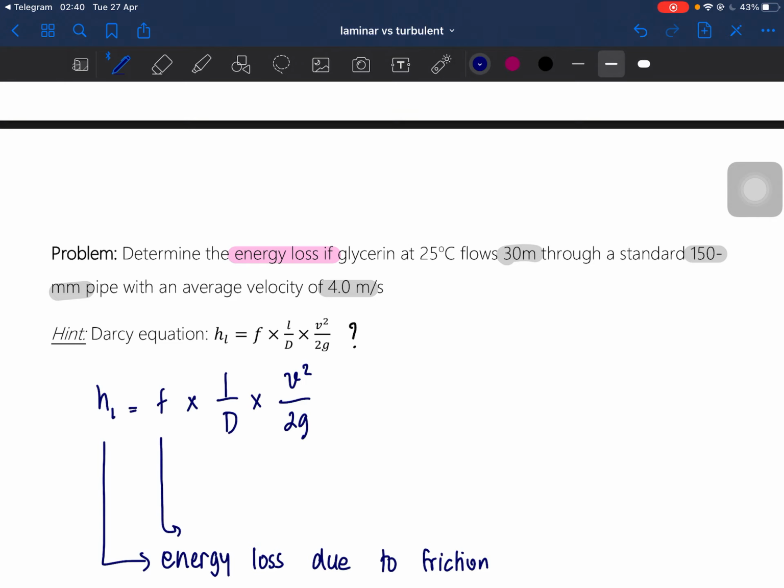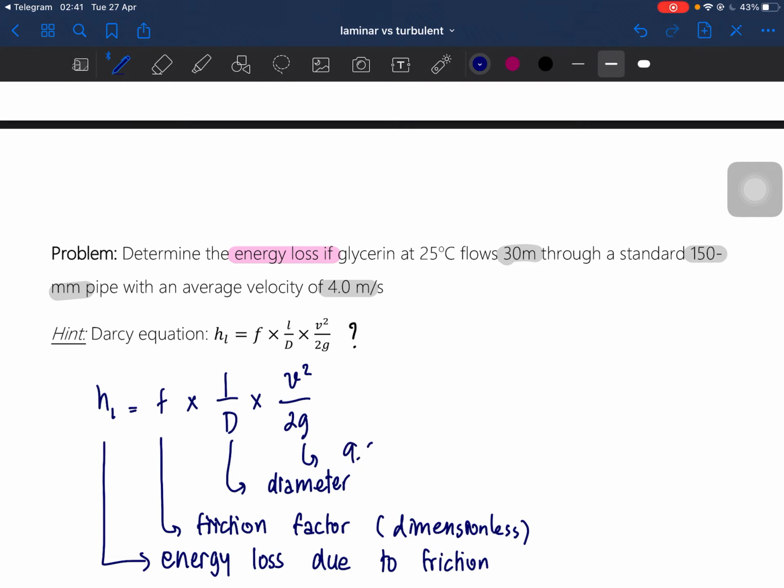F here is the friction factor. It is dimensionless. D here is the diameter. G here is, you know what it is, gravity, 9.81. V here is the average velocity.